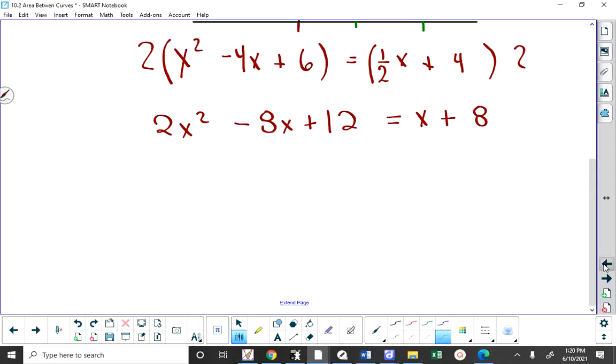2 times x squared is 2x squared, negative 8x, 12. Looks okay. Zero it, of course, because it's a quadratic equation. And you'll get 2x squared minus 9x plus 4.